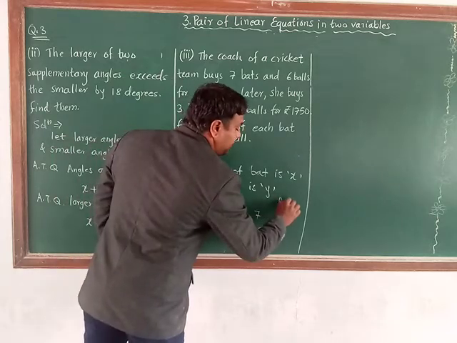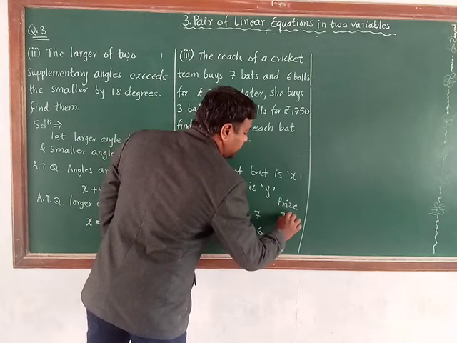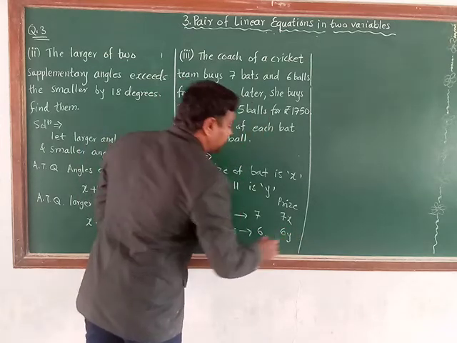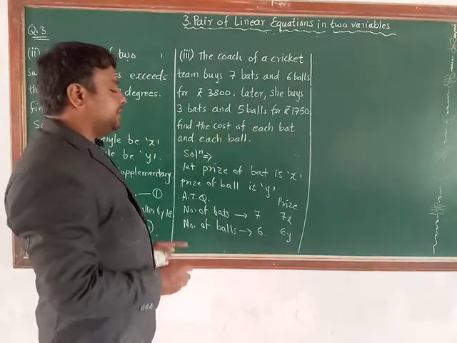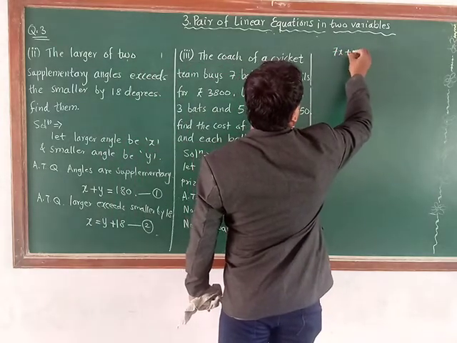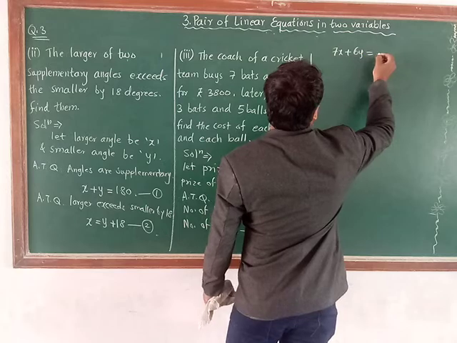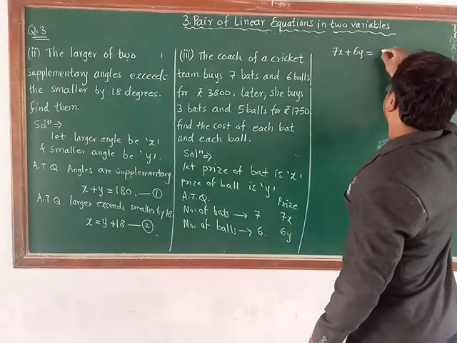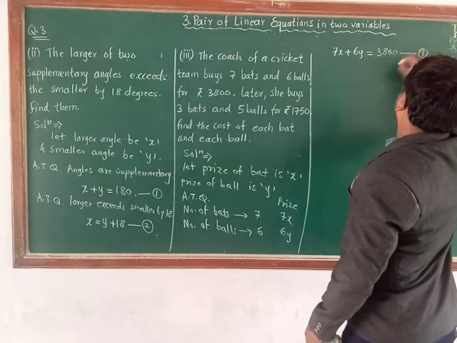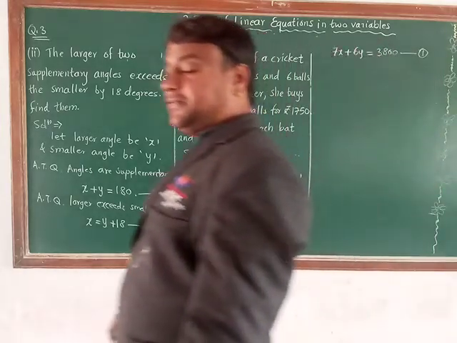So what is the price of bats? Its price will be 7x. And what is the price of balls? The price is 6y. So as per the question, we can write that 7x plus 6y is equal to 3800. And it will be our equation first.